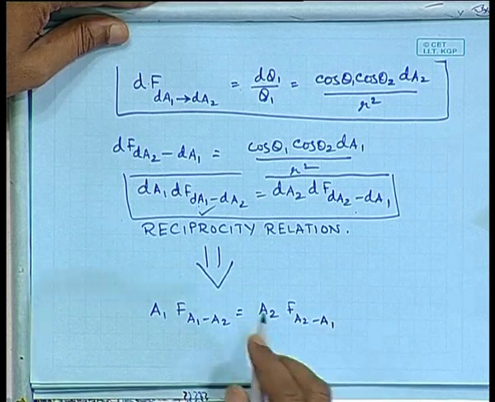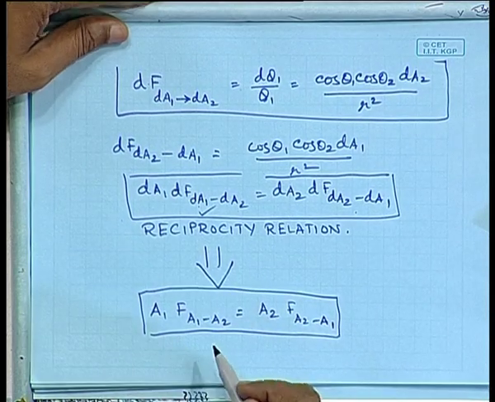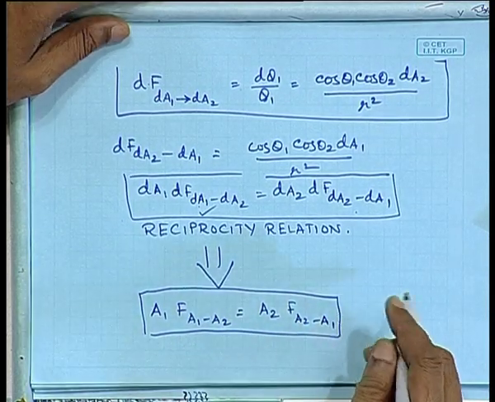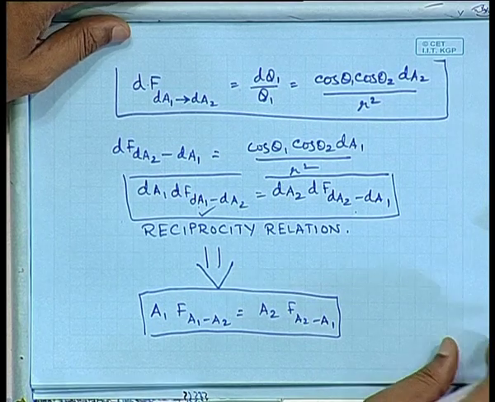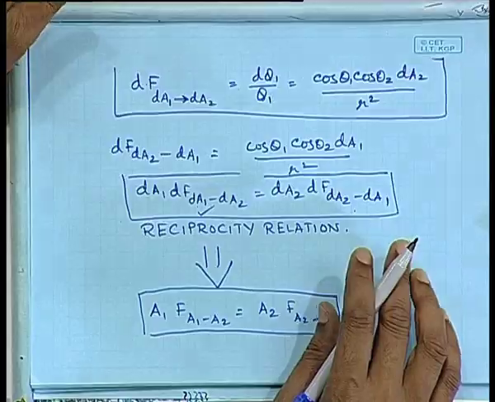So, from the elemental view factor by integration, one can obtain the reciprocity relation for finite areas. I suppose there is no question up to this point. All of us understand how view factors are defined, how view factors between elemental areas are evaluated, and by integration one can obtain the same relation between finite surfaces.